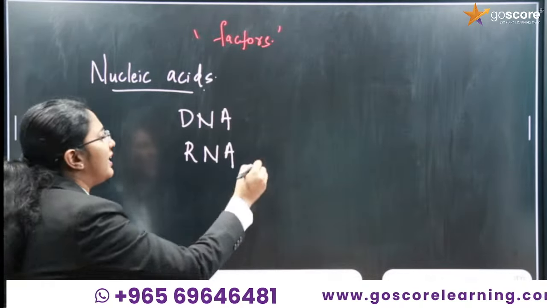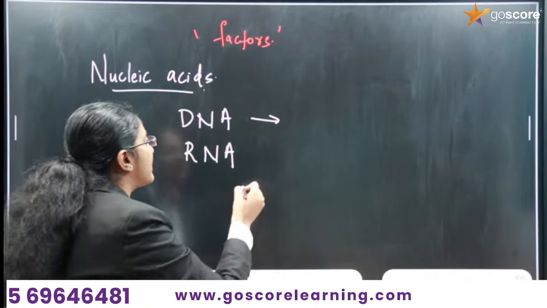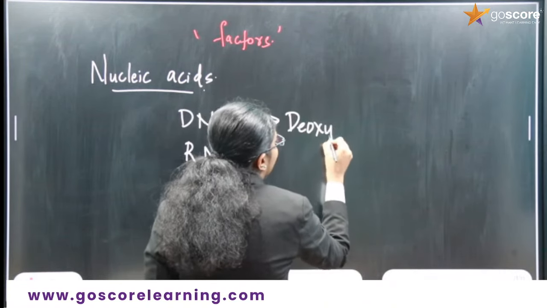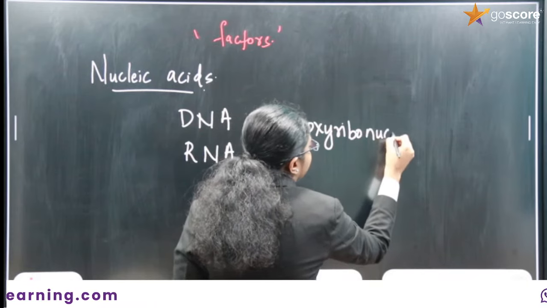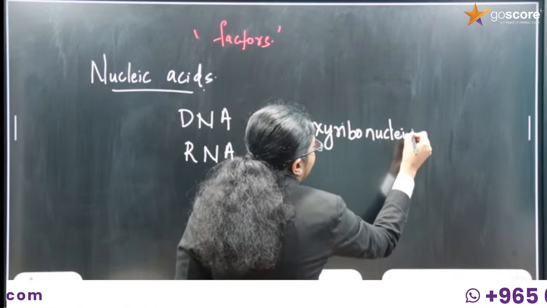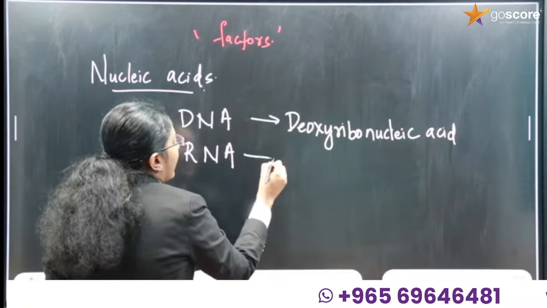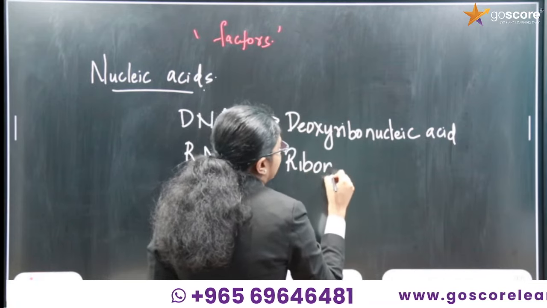We'll write it as DNA, as from very lower classes onwards. You know that DNA is deoxyribonucleic acid. Whereas in the case of RNA, we'll write it as ribonucleic acid.